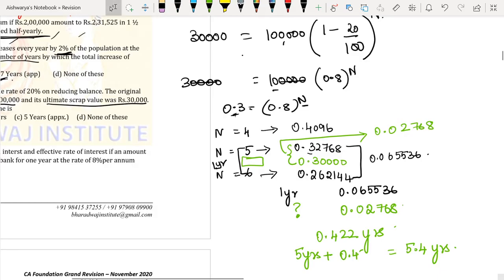I'll give you a minute to take this in. How we got is cross multiply.